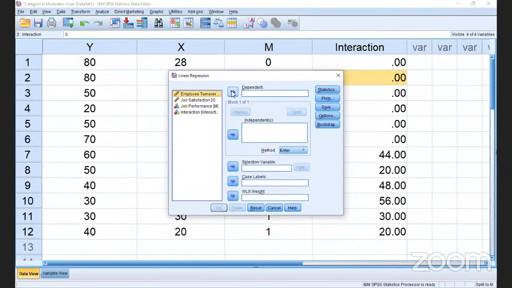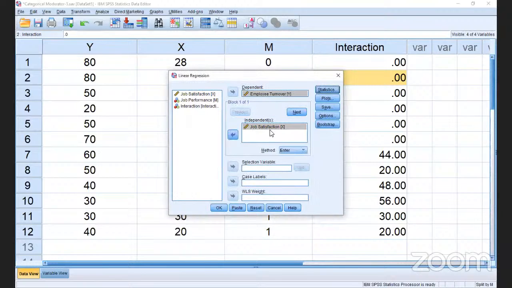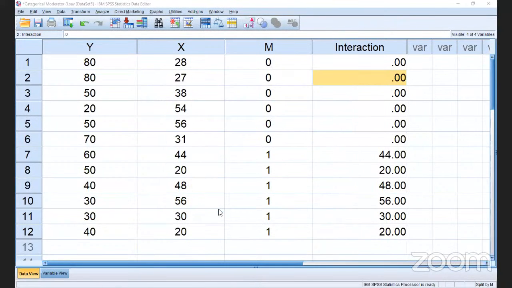Employee turnover is the dependent variable, job satisfaction is the independent variable, because I want the relationship between the two, and then okay. And after okay, now I'm showing you the output. This is the output.